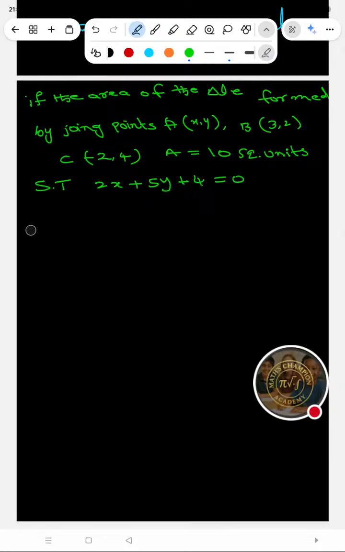We already know the triangle area formula, that is 1 by 2 times the determinant of x1, x2, x3, y1, y2, y3. In their places you substitute the values.